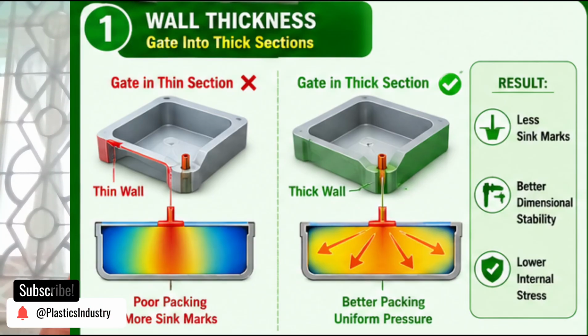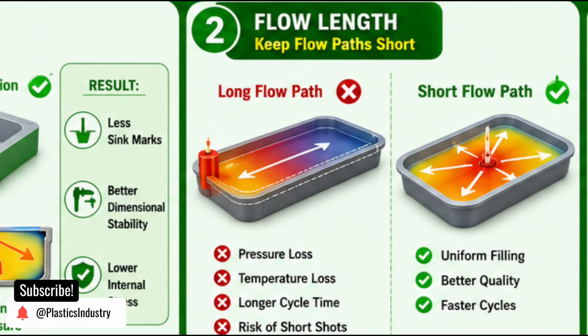Result: less sink mark, better dimensional stability, lower internal stress. Number 2. Flow length. Keep the flow length as short as possible. Long flow paths increase pressure loss, temperature loss, cycle time, risk of shorts. Shorter flow paths generally produce better parts.